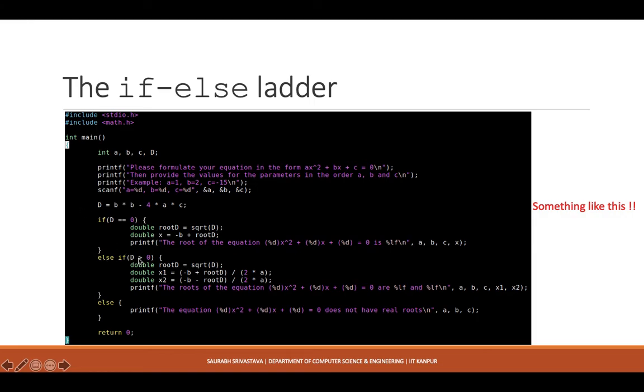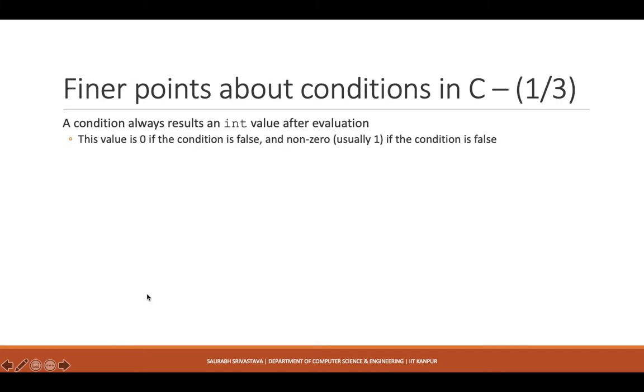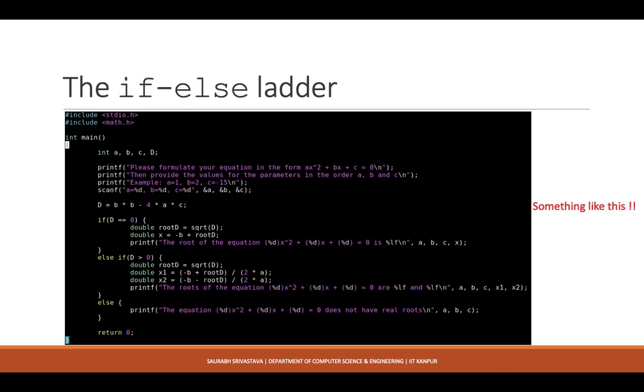This gets executed if this condition is true, and I can have another if here, another if here. So basically I can have any number of else if, else if, else if, and then at the end I simply put else, right? Else would mean that if none of these ifs were true, it will go inside the else. This is exactly what I want for my quadratic equation solver, and this is simple. You understand what this is.